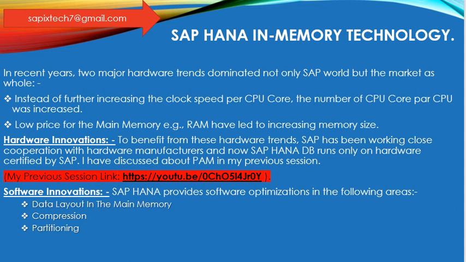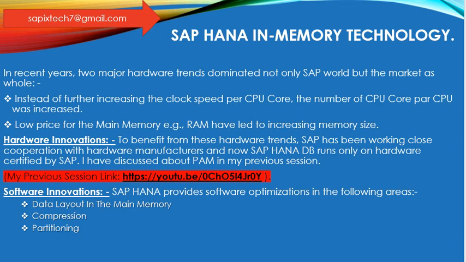So instead of further increasing the clock speed per CPU core, the number of CPU cores per CPU was increased, and we know that the low price of main memory, that is RAM, has led to an increase in memory size. Because of the low price, today memory size can be increased.